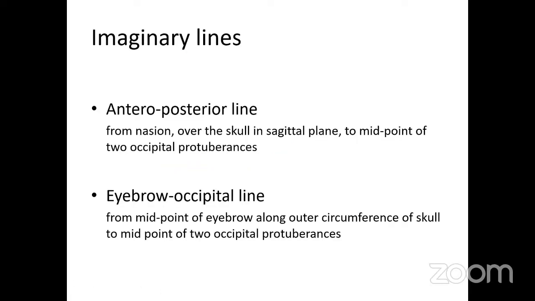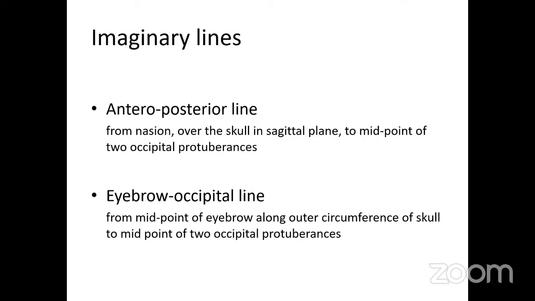We come to the scalp areas. After this, I think you might find the scalp areas a little easy. Before we begin with the scalp areas, you will have to learn some imaginary lines. One is the antero-posterior line.